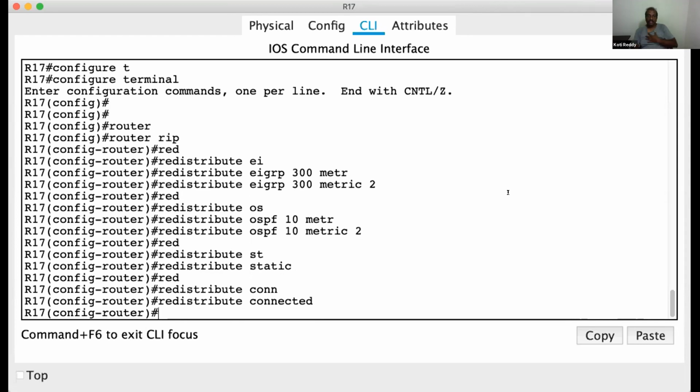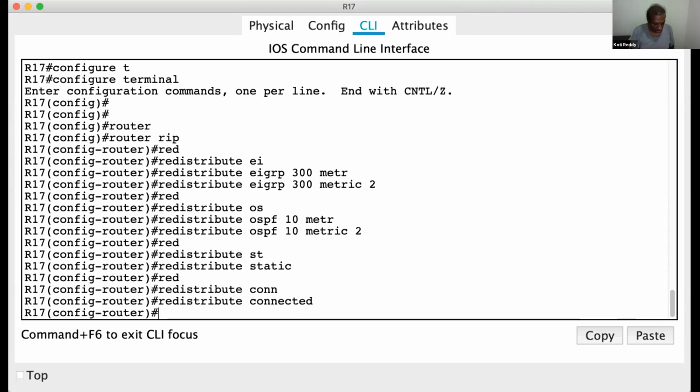So these commands redistribute from EIGRP into RIP, OSPF into RIP, static into RIP, and also connected into RIP protocol. I'm asking the RIP protocol to redistribute all the other routing protocols into RIP protocol, right?